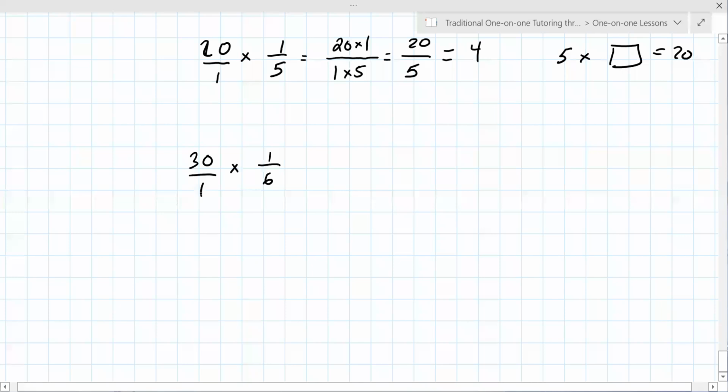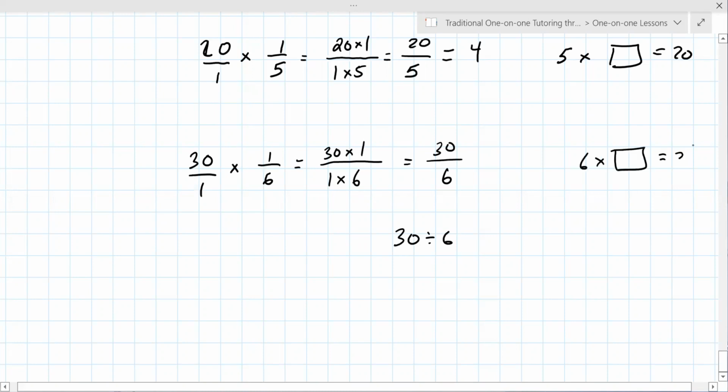So 30 over 1 times 1/6, you multiply the tops and you multiply the bottoms. 30 times 1 is 30. 1 times 6 is 6. Good. So now 30 divided by 6 is really the same as 6 times some number gets you to 30. 5. It's 5. Perfect.